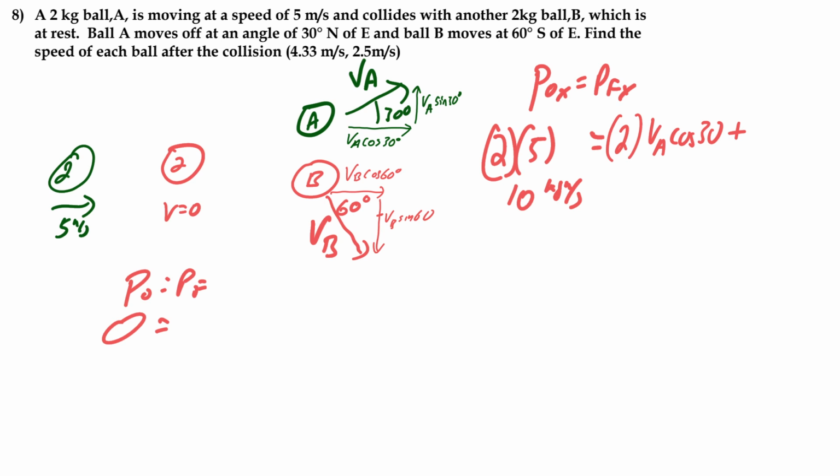The green one was 4. Sorry, no, it's also 2, isn't it? I made that kind of easy. So that's going to be 2 VB cos 60.